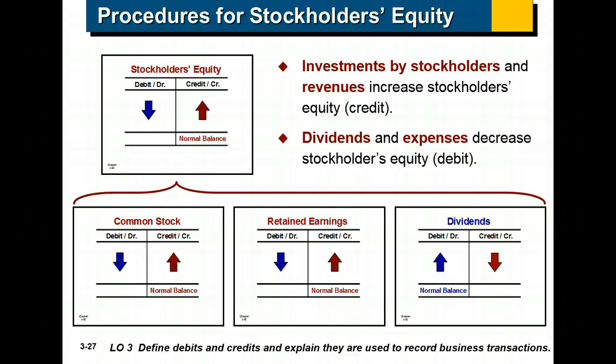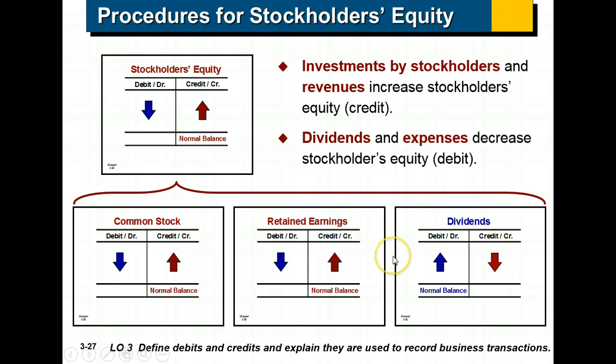So, see here, the normal balance of stockholders' equity is a credit. When we reduce stockholders' equity, we debit it. So, with common stock, when our common stock goes up, we credit it. When our retained earnings goes up, we credit it.